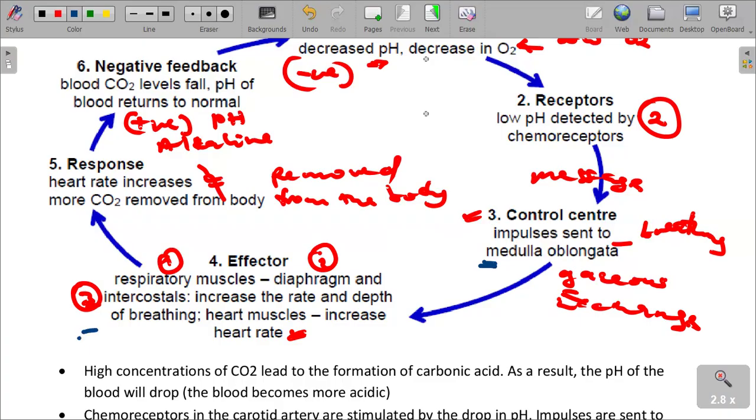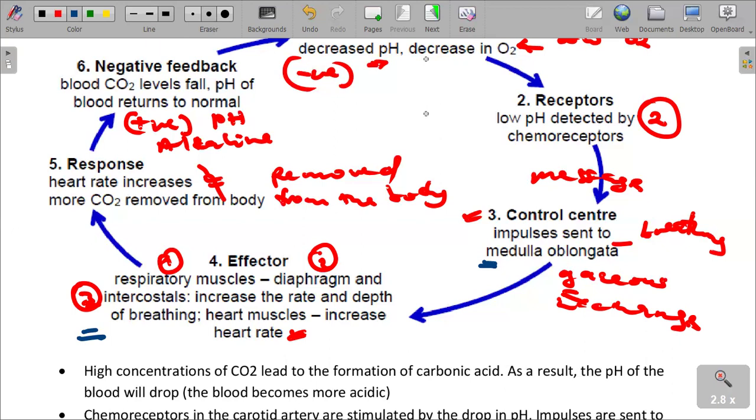At the end, we are also seeing an increase in heart rate. It is a performance that is taking place in order to increase oxygen intake in the body.